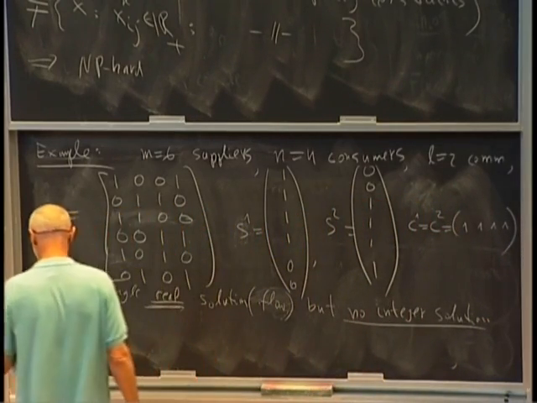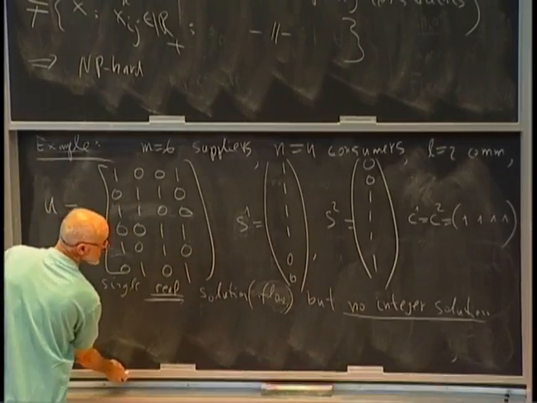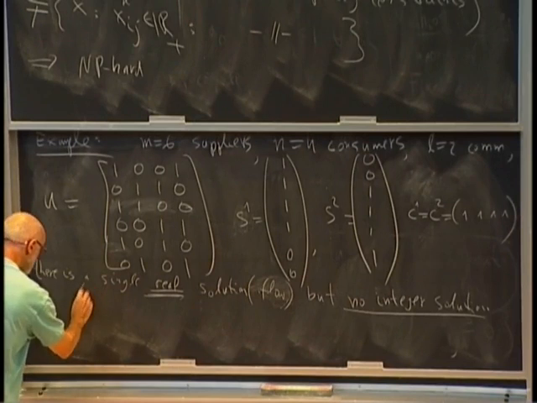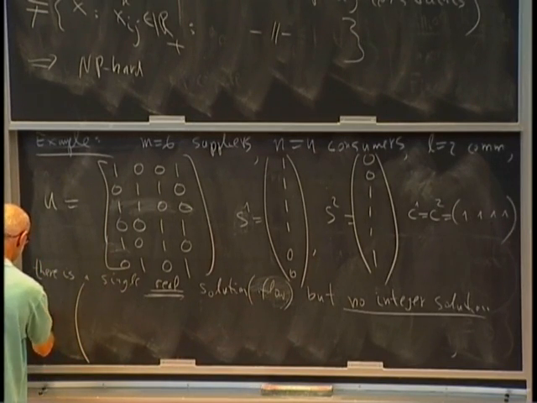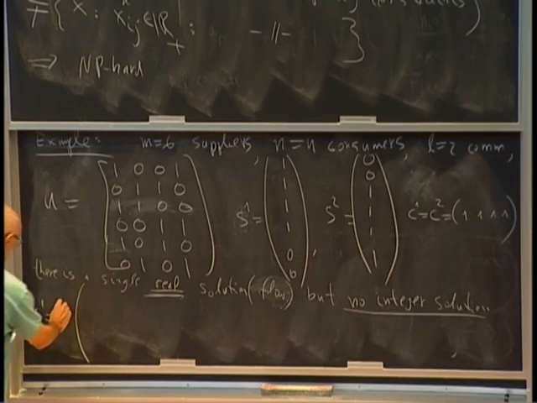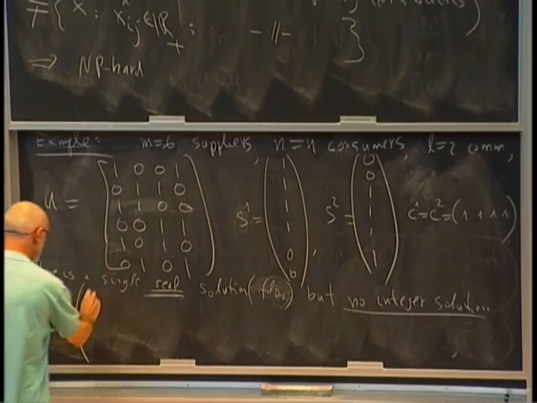Let me write it small, like this. So x1 is the flow of the first commodity from each supplier to consumer. It's half times this.